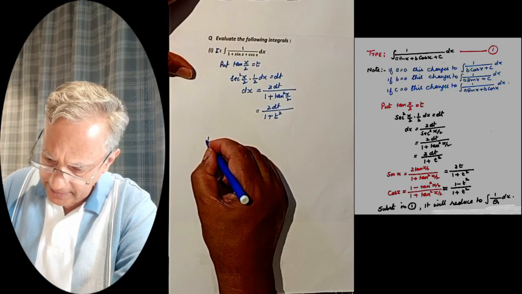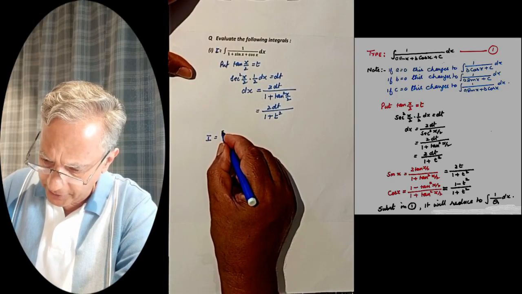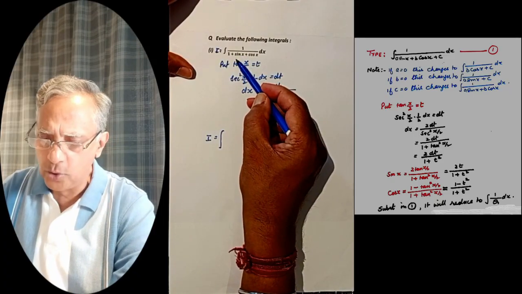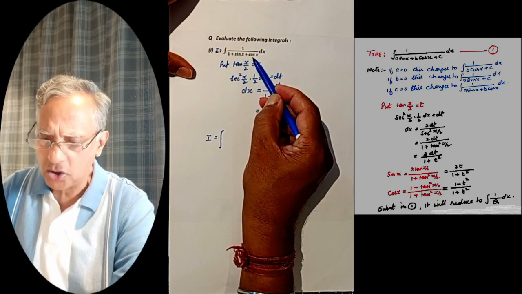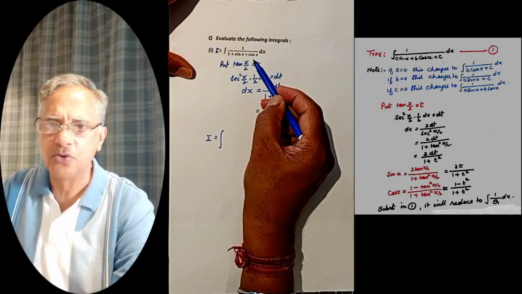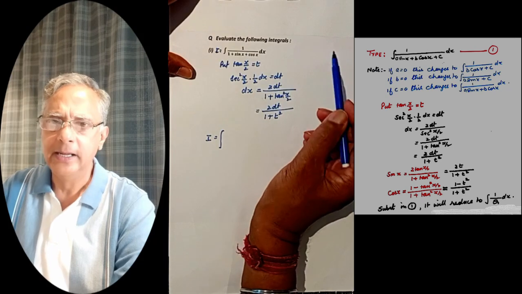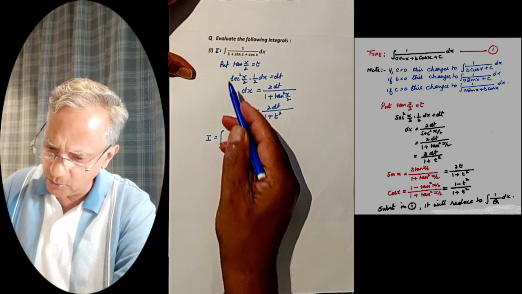Therefore, I can be written as integral. We know that sine of x is 2t over 1 plus t square and cos of x is 1 minus t square over 1 plus t square. I will write them directly in the integral. Therefore, I will be equal to integral of dx.